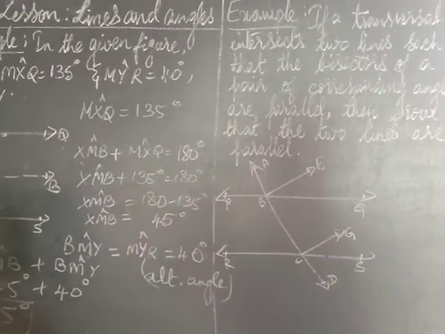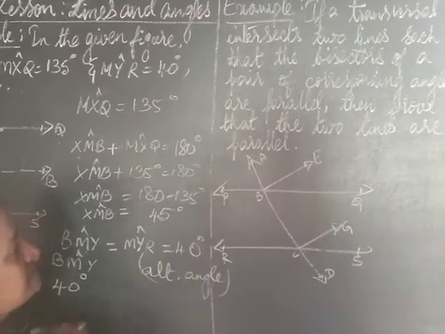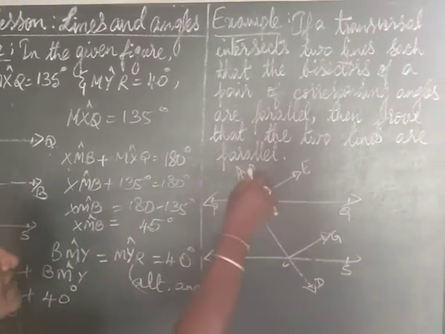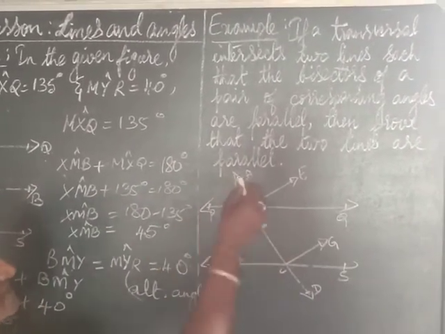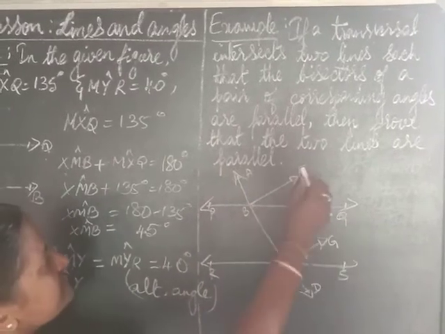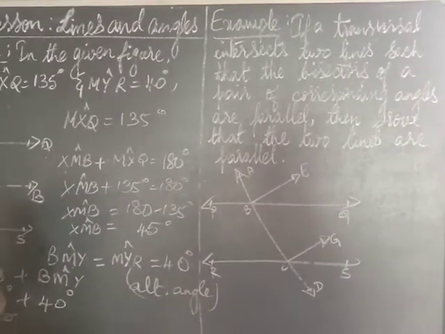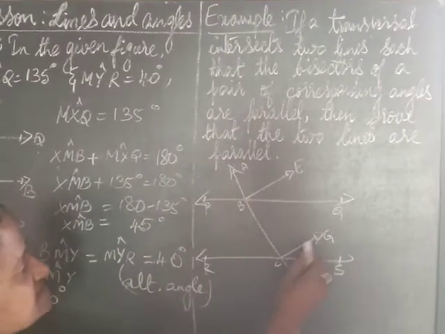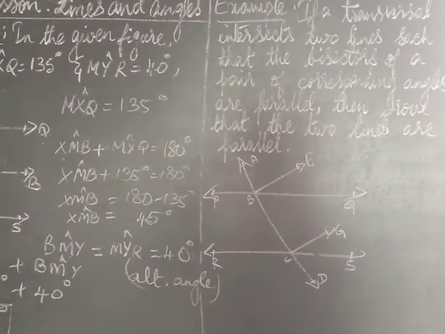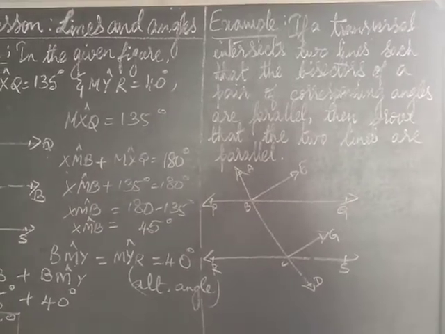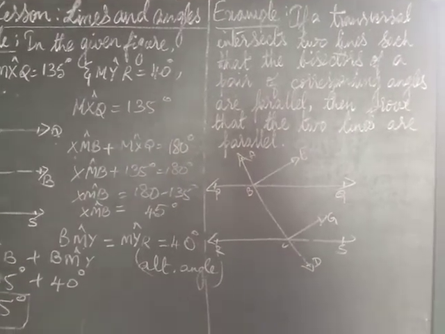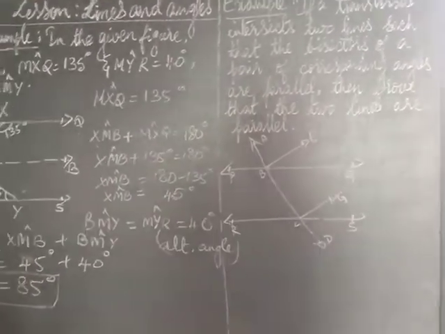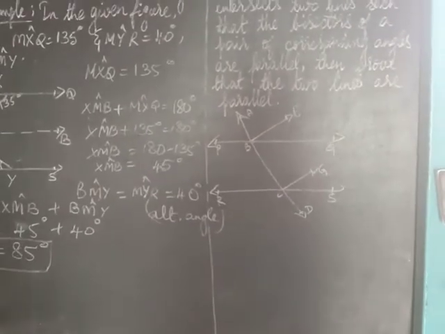For angle ABQ, BE is the bisector. Similarly, for angle BCS, CG is the bisector. Now, how to prove this? Let us see.